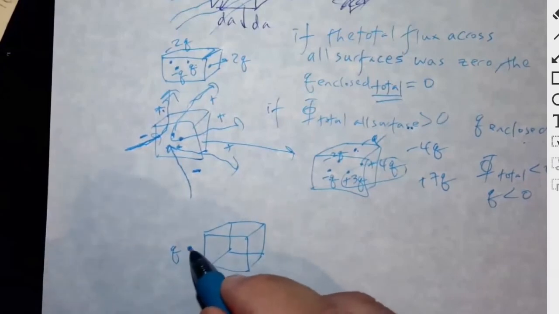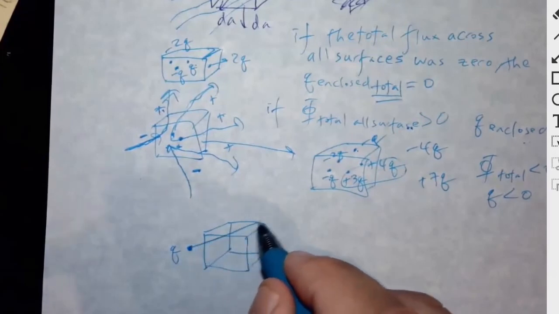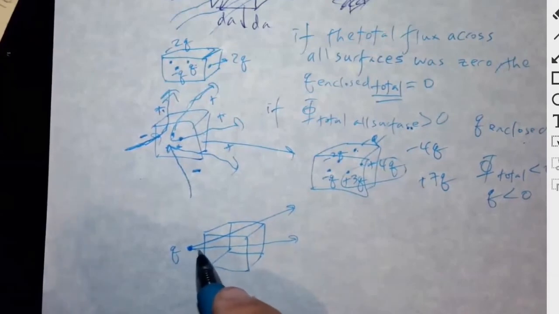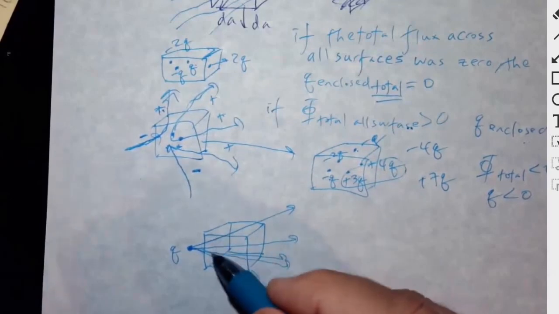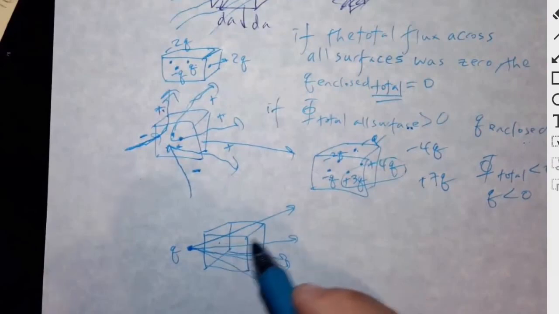So if you draw the electrical field lines of a point charge, what does that look like? It goes through here, the left side comes out, goes through, comes out, goes through, comes out, like that, you see. So in other words, the flux coming through the left side must equal all the flux coming out of the right side.